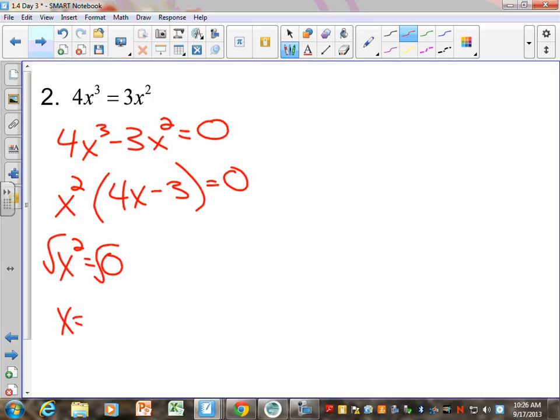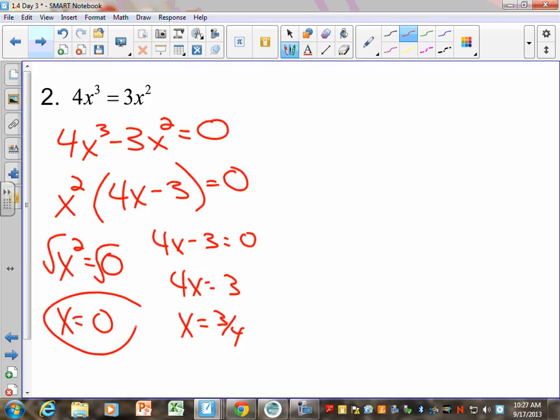And I can't have a negative 0, so it's just still 0, right? You just get one answer, x equals 0. And this one, 4x minus 3 equals 0. So I get 4x equals 3, or x equals 3/4. 2 answers. You okay with that?